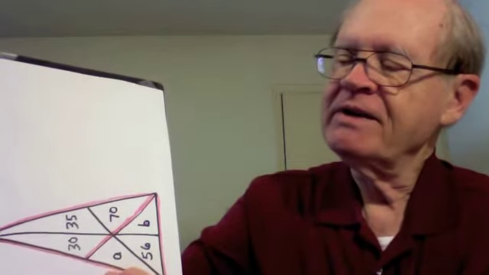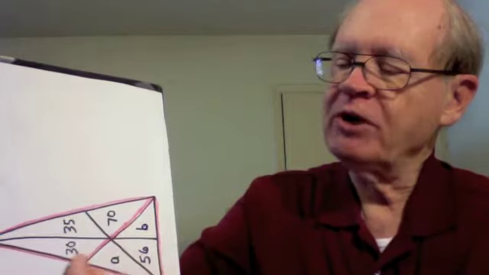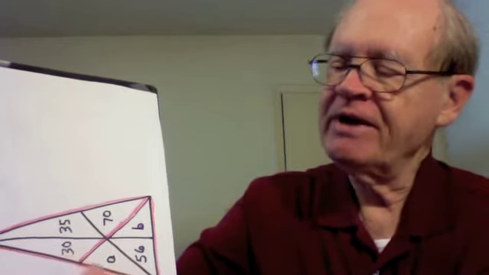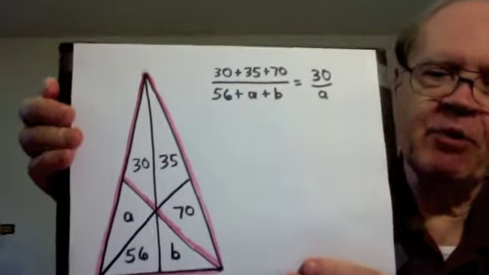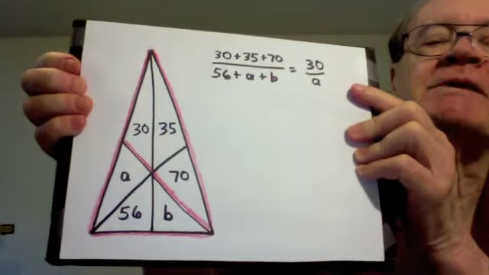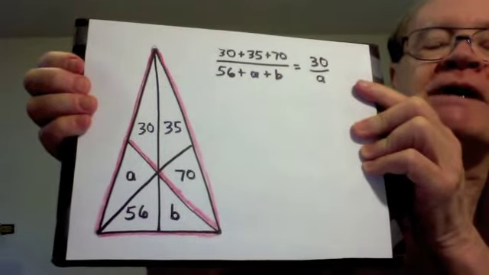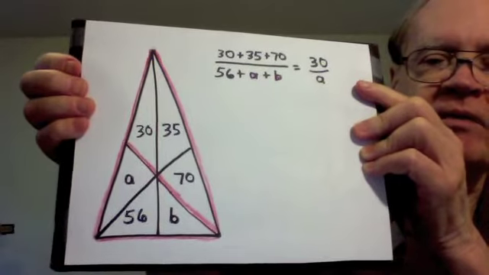That makes the red areas proportional to the areas 30 and A. And from that I get this proportion: (30 plus 35 plus 70) over (56 plus A plus B) equals 30 over A.